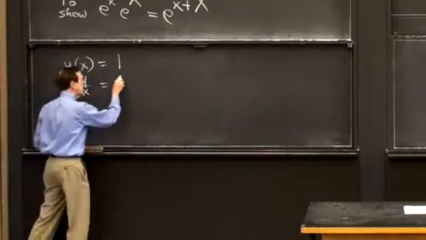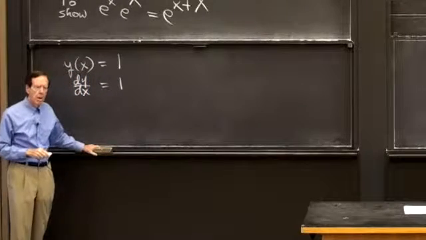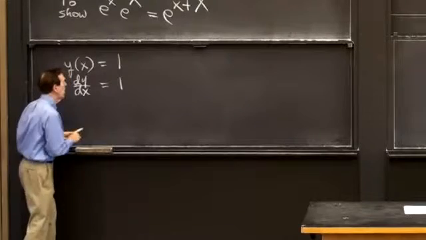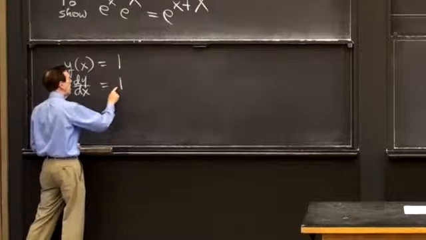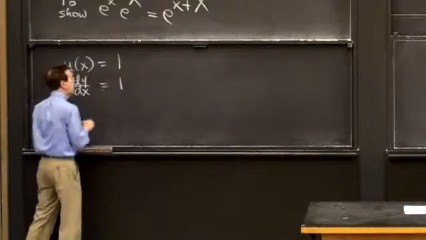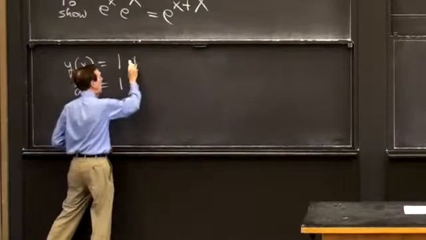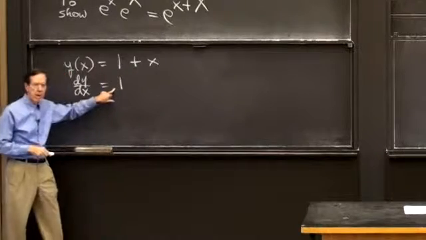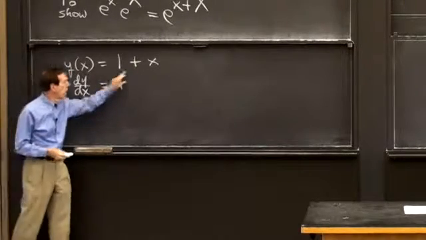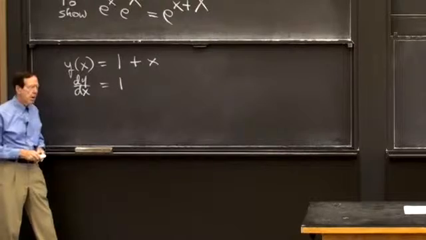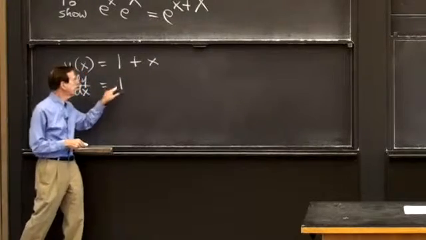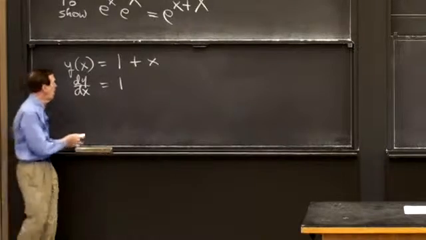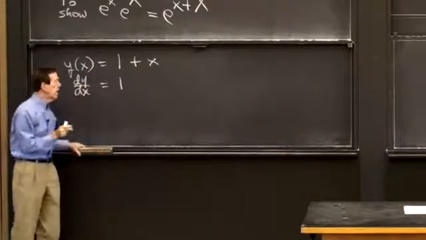So dy dx is going to start with a 1. But now I can't stop, because if the derivative is a 1, I have to put an x up here so that its derivative will be 1, right? Its slope will be 1. That's that steadily climbing x whose slope is 1. But now these are supposed to be equal again.